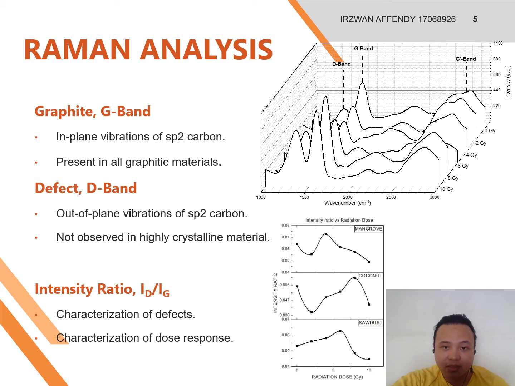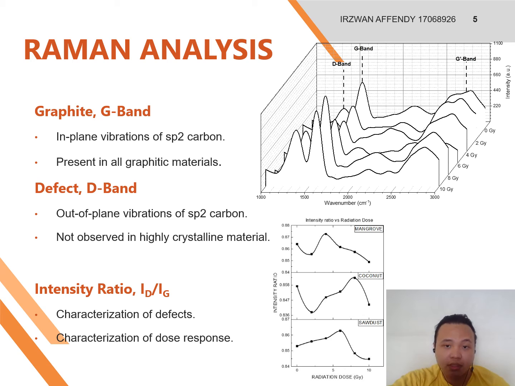On the other hand, the D band is attributed to the out-of-plane vibration, and it is only present in a defected material. Thus, the D mode is associated with the presence of structural defects in the material. The integrated intensity ratio ID over IG can be used to characterize defects in graphitic materials.